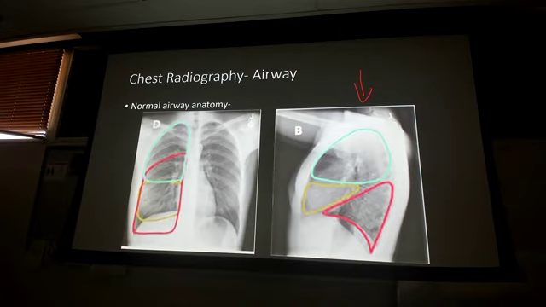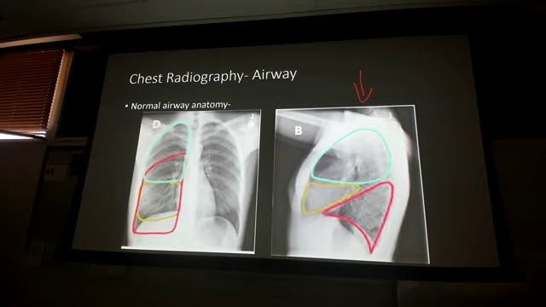So we use the PA chest x-ray to find what lung, right or left, has an abnormality, and then we use the lateral to tell us what lobe. Because which lung am I looking at on this lateral chest x-ray? Both. They're superimposed on one another. So I don't know.